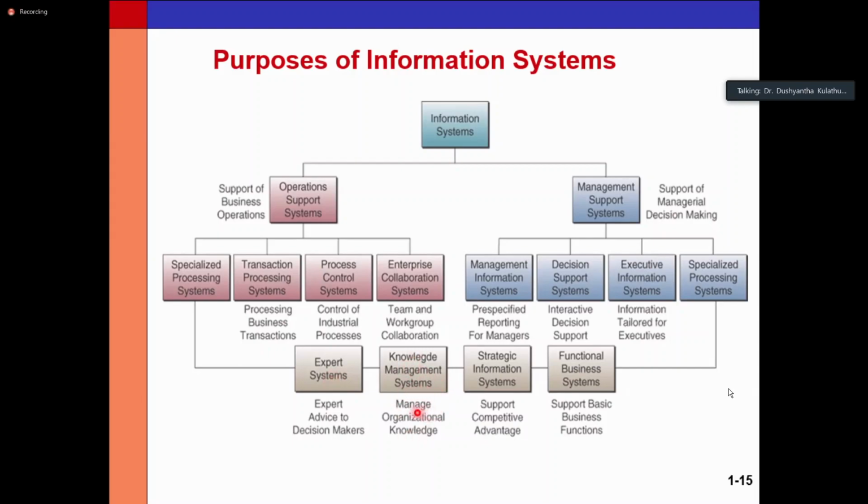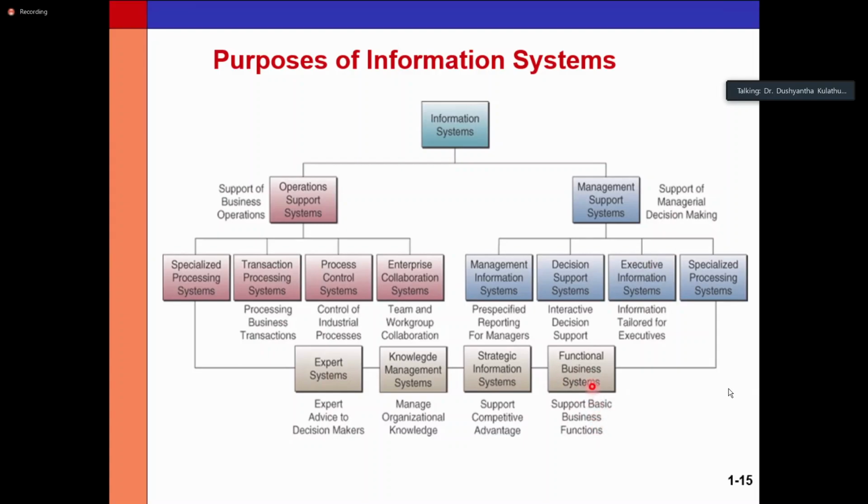The knowledge management system supports management of knowledge within the organization. Strategic information systems support the achievement of competitive advantage, and functional business systems support basic business functions.